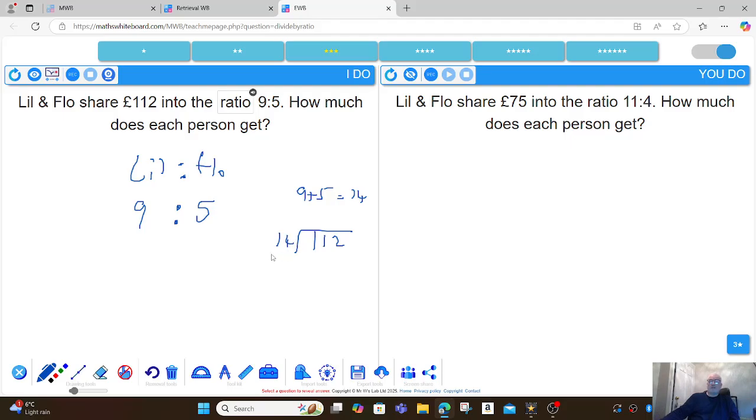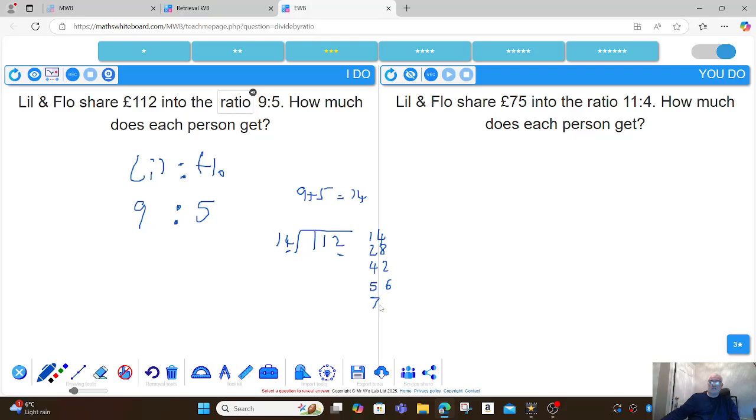Now at this point, if you are happy to use calculators, that's fine. You can use calculators alternatively. If you don't like dividing outside of the timetable range, we could say this is an even number, this is an even number, so I could halve both of those numbers to make it a little bit easier. Alternatively, I can just do my 14 times table quite quickly down the side here, and then just carry on with 14s.